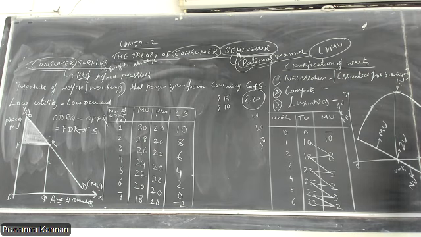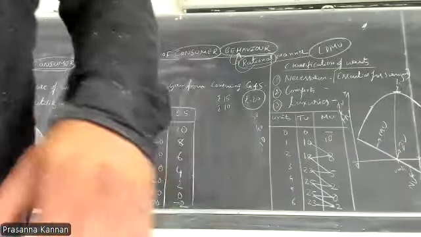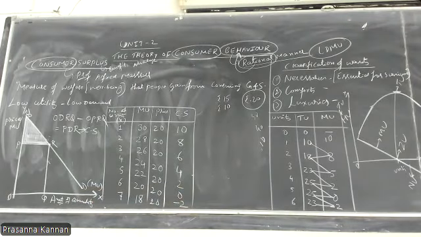As shown in the diagram, ODRQ and OPRQ are the areas in which the consumer is willing to pay for the commodity.